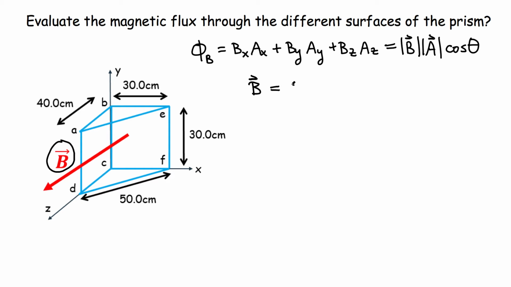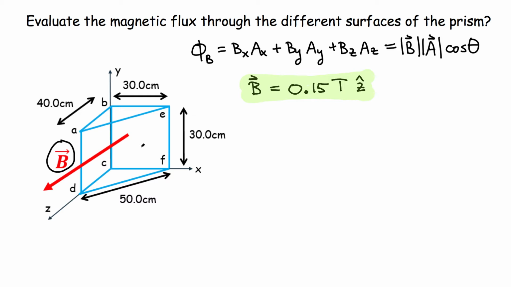Let's assume that the magnitude is 0.15 Tesla. I don't need a bracket since it's only in one direction. It's pointing along the Z direction, so I'll call that the Z hat direction. Let's highlight this vector over here, and we're going to be using this throughout the rest of the calculation.